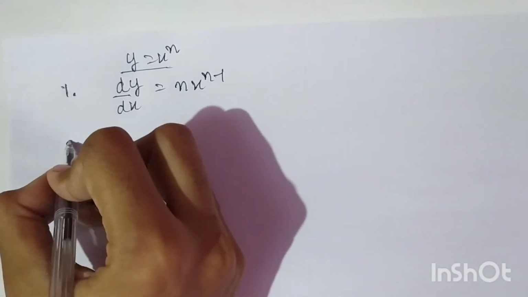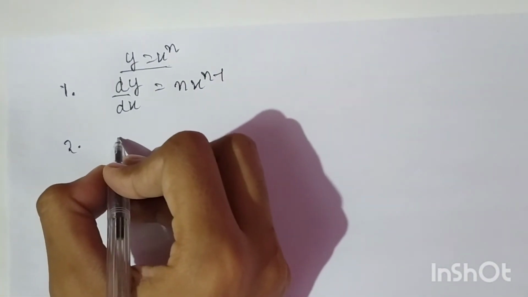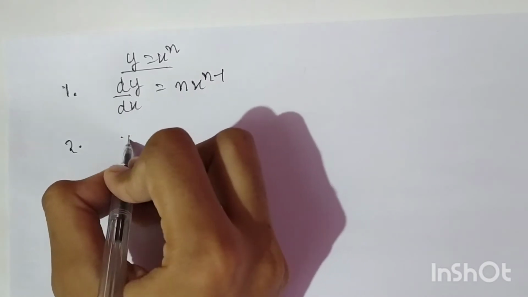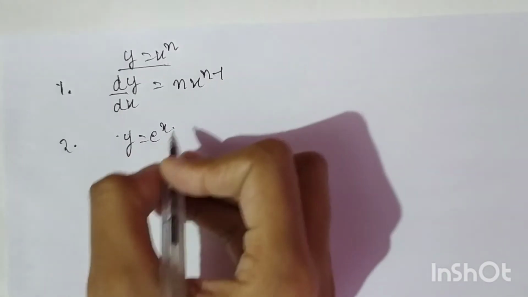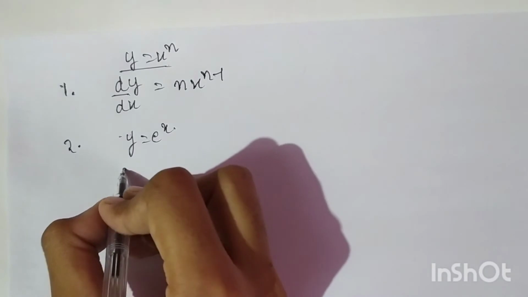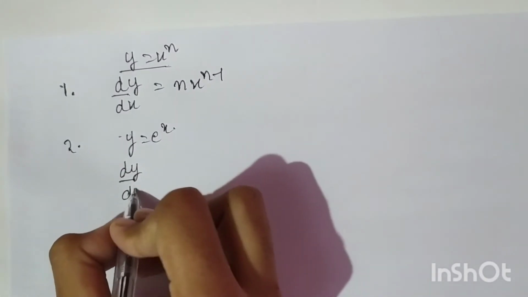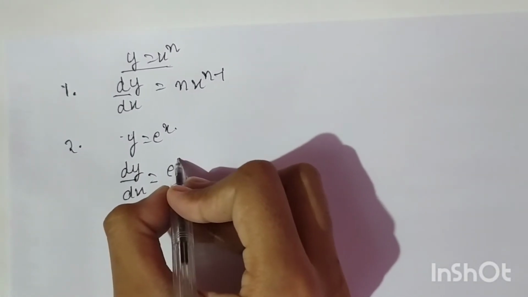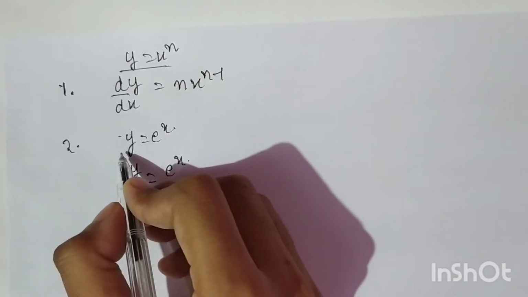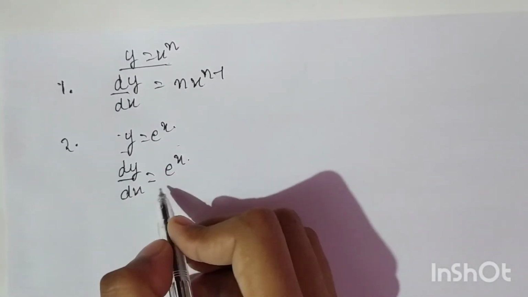The second thing is, if we are given the function y as e to the power x, how will we find its differentiation? The differentiation of this function will be the function itself. After differentiating, we get the same function.